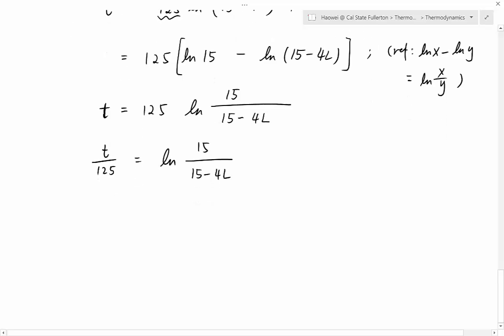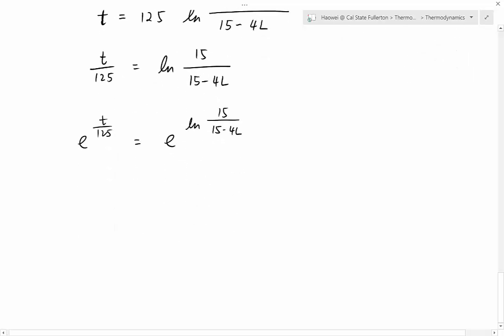And then we can do that. Exponential function t over 125 must be equal to exponential function natural log 15 over 15 minus 4L. Okay, and left hand side is still e with the index of t over 125.